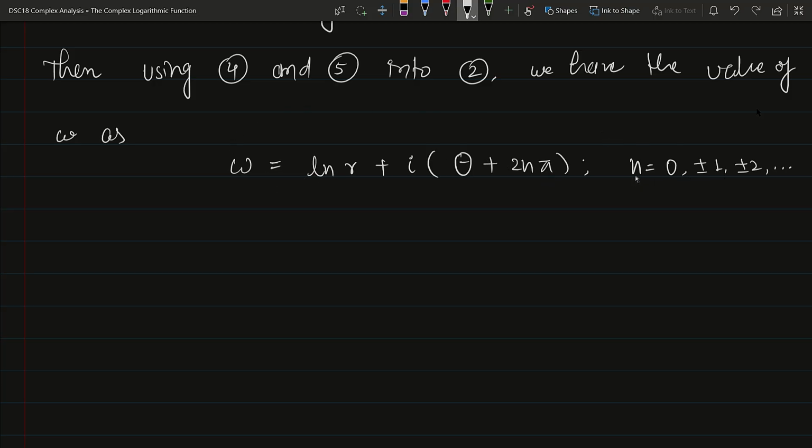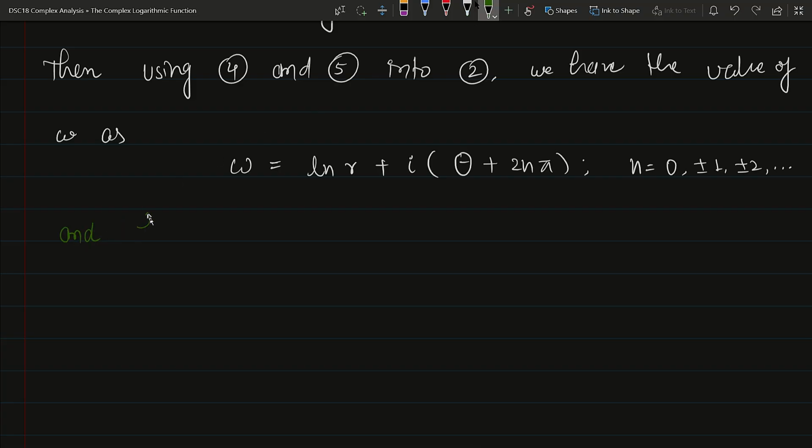Now you can see, if we write n equal to 0, then we have one solution. If we write n equal to plus 1, then we have another solution. So this is how we have an infinite number of solutions.